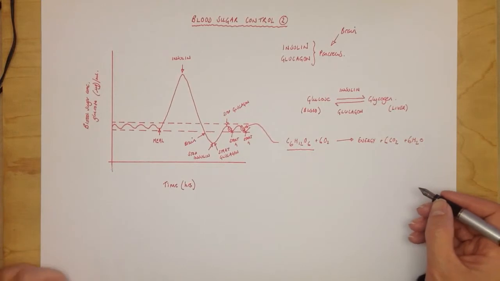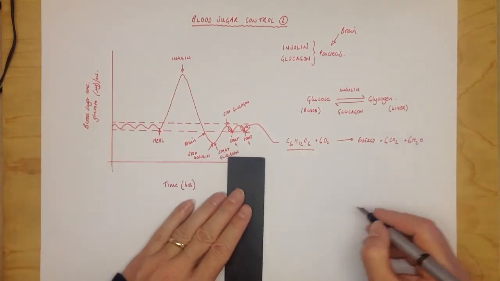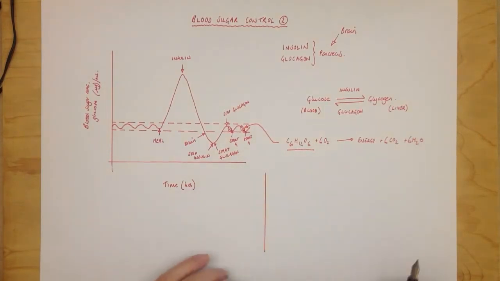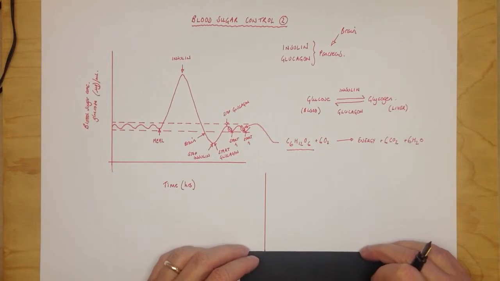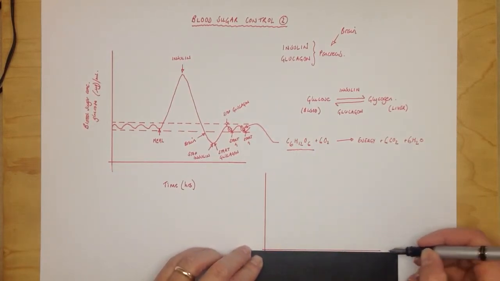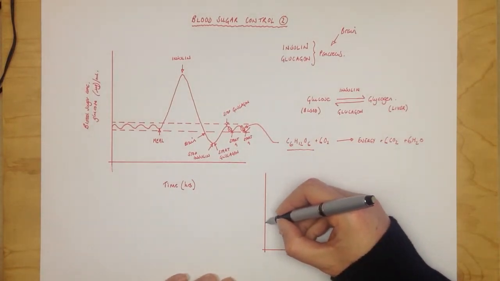And that's really the hormonal control of blood sugar when you're looking at concentration of blood sugar in the body. The only other thing they tend to do is give you a graph similar to that one, but they're very careful about the times that are shown on the bottom, and the graph tends to do this.